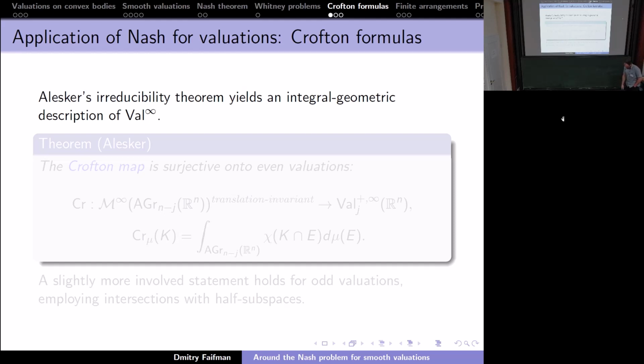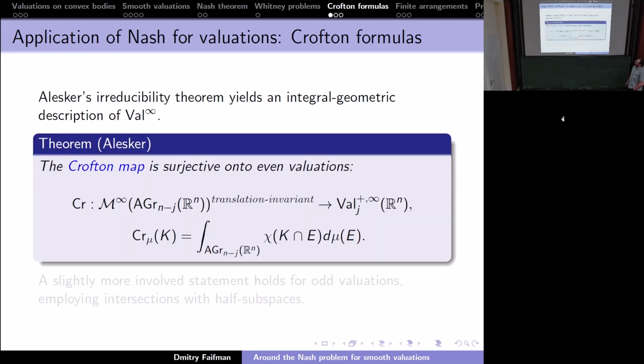As an application of the Nash theorem, let me say a couple of words about Crofton formulas. In linear space, there is a very nice description of valuations through Crofton formulas, which goes back to Alesker's irreducibility theorem.